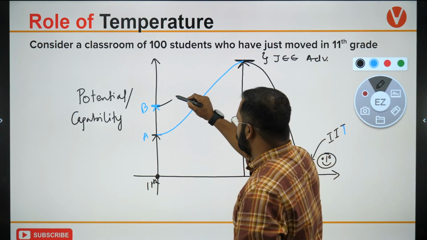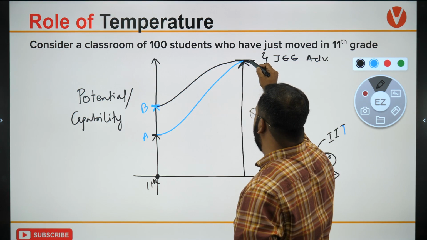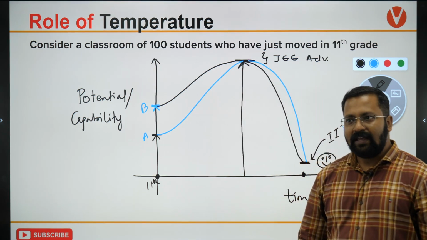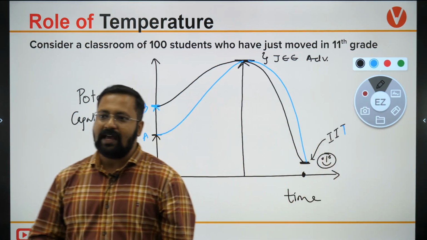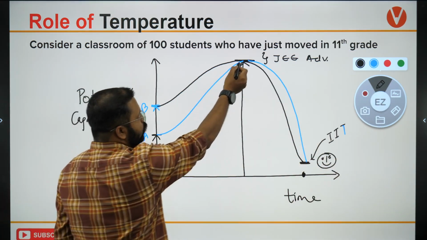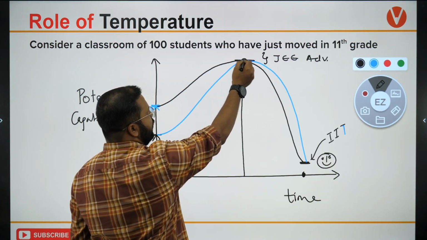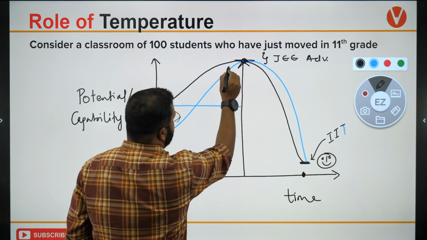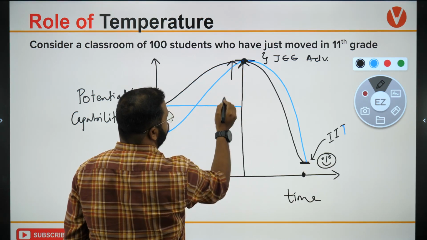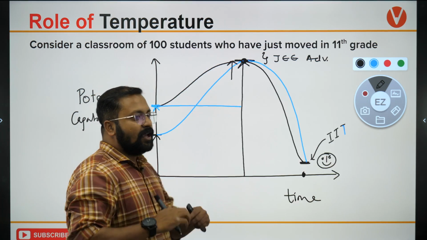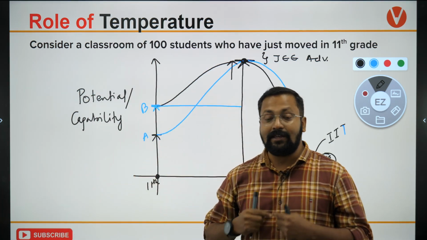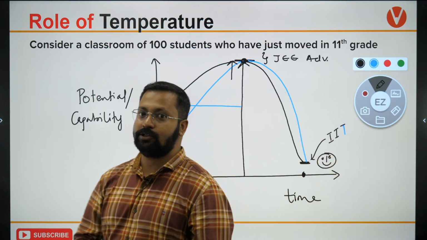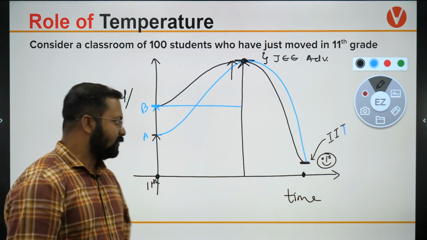This student also has to put a lot of efforts to come over here, and then only he can reach over here. Isn't it? So both these students have to put some amount of effort to cross this difficulty level. The extra amount of effort that the student B is putting is known as the extent to which he is activated. Okay? The extent to which he is activated.